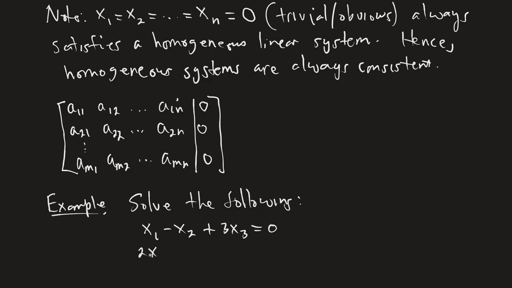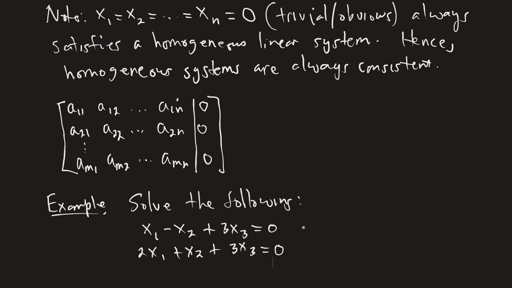So basically like this, and let's say 2x1 plus x2 plus 3x3 equals 0. Once we've written our linear system in the standard form, all the constants on the right hand side are equal to 0, so we know this is a homogeneous system.